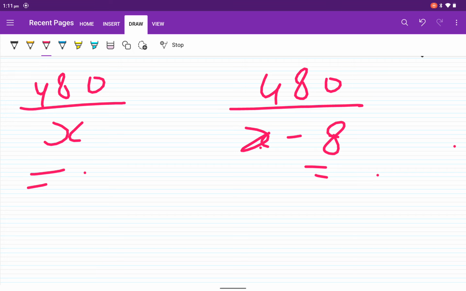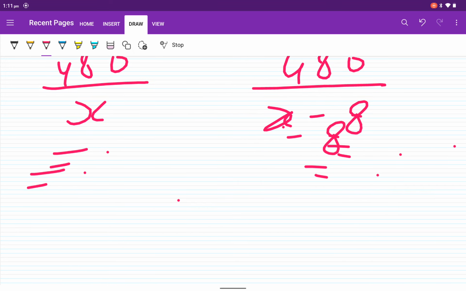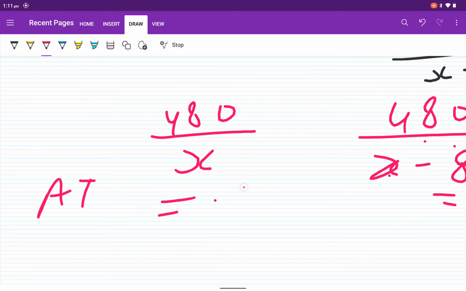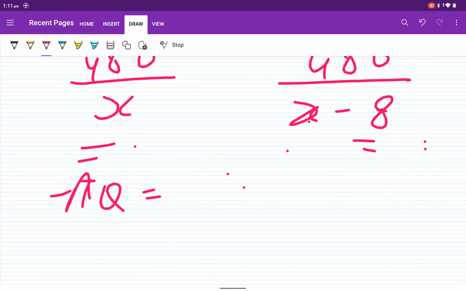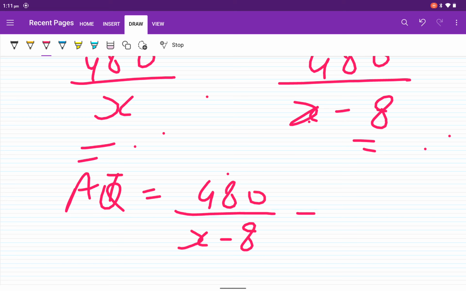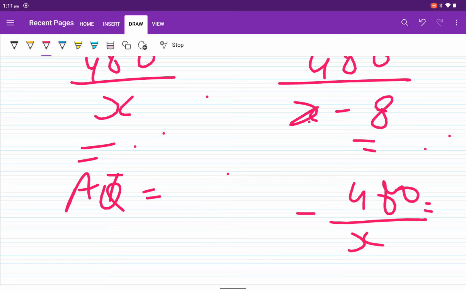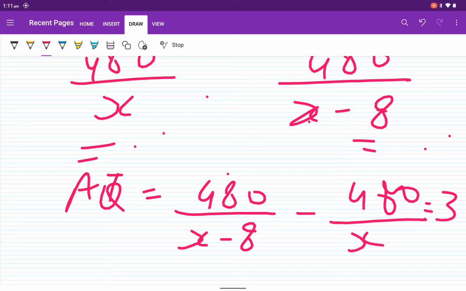According to the question, it would have taken 3 hours more to cover the same distance. Now you have to simplify this equation.